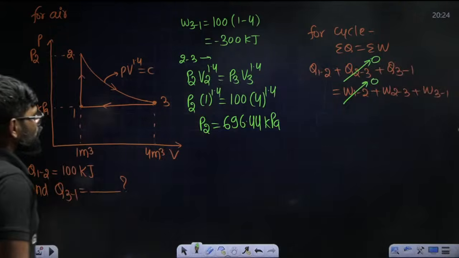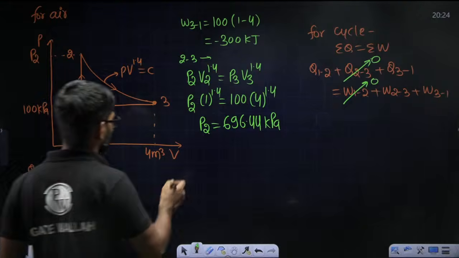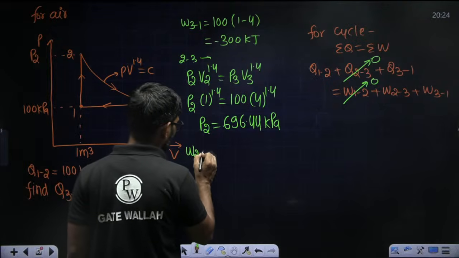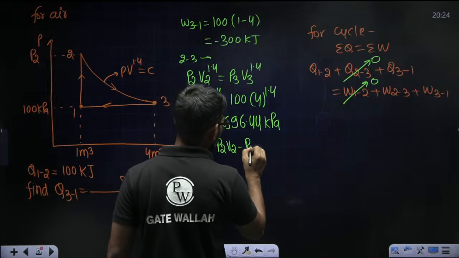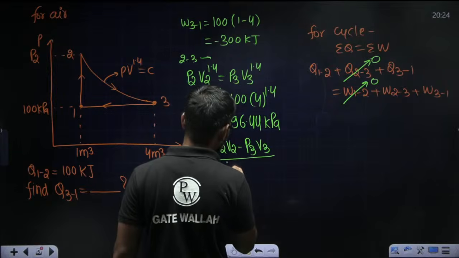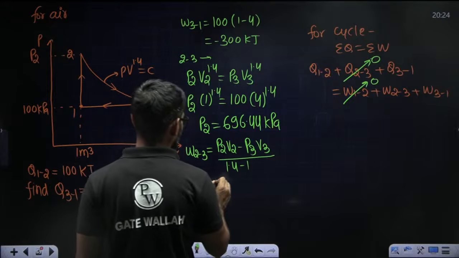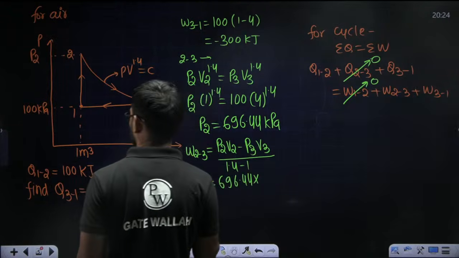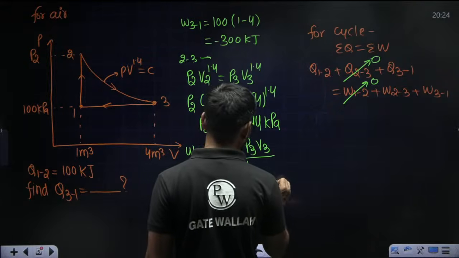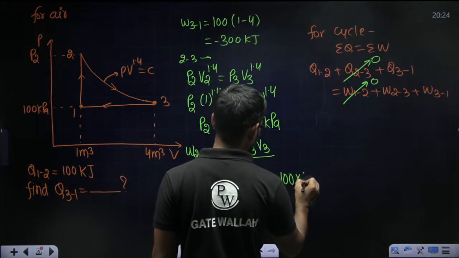So P2 value is known to us, right? Now we have to calculate W2 to 3, right? So W2 to 3 value is P2 V2 minus P3 V3 divided by 1.4 minus 1, right? So P2 value is 696.44 into V2. V2 value is 1 minus P3 value is 100 into V3 value is 4, right?